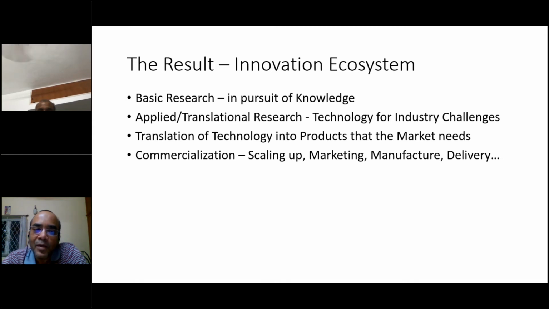Then you have the translation of that technology into the products that the market needs. You don't want a product that the market doesn't need, or you might have to create a market for it. And then the pricing obviously matters as well. In a country like India, as we all know, affordability is relatively lower compared to other countries, so when you build products for India, you have to bear that in mind.